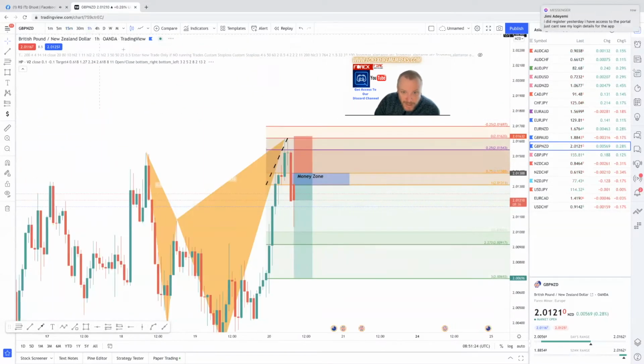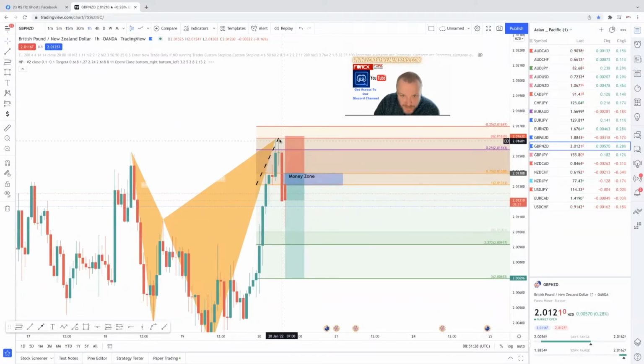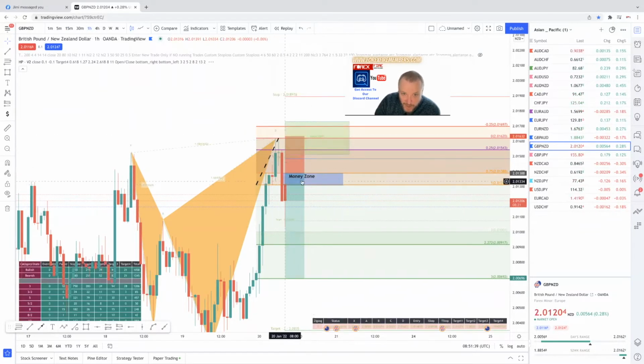Okay, we go back up to the hour, we can see from here, which is the D point, down to the candle to the left, to the wick, okay? And then we've got that marked out.